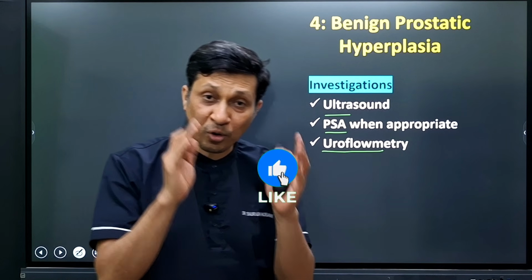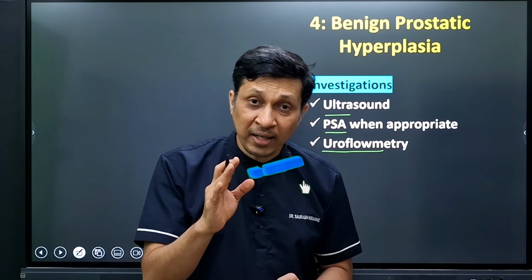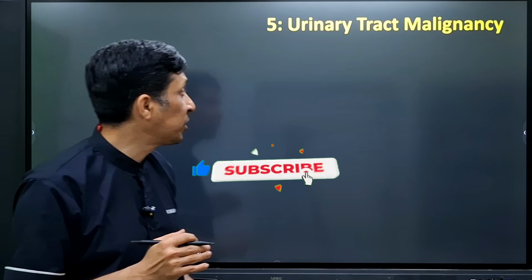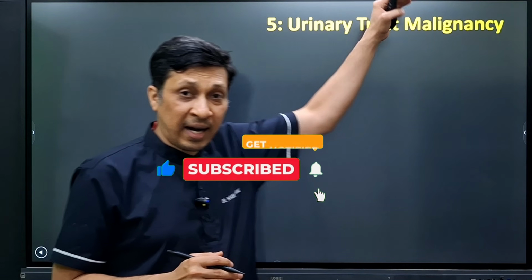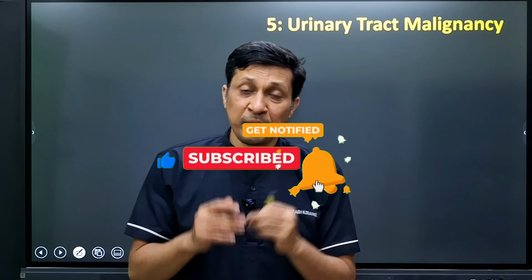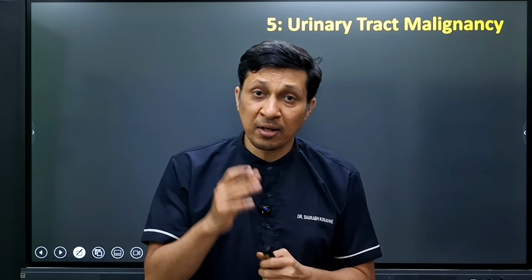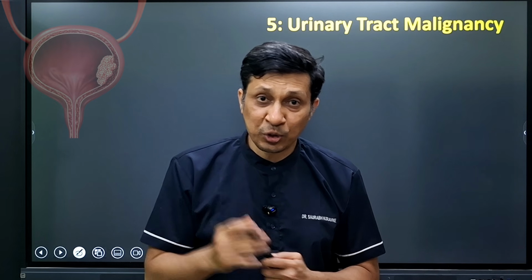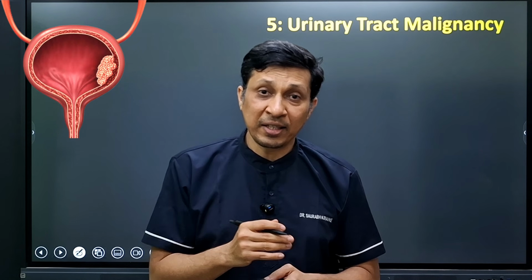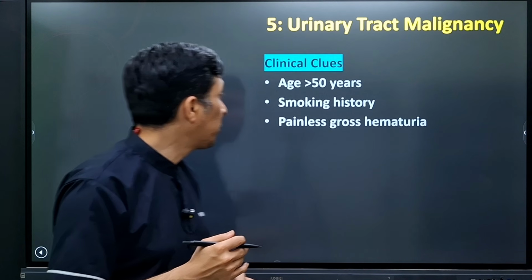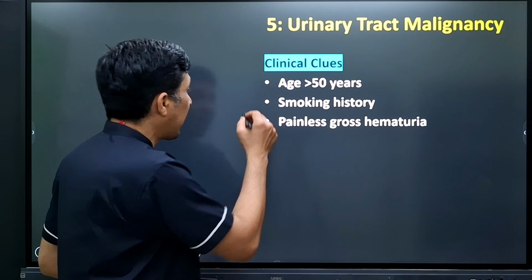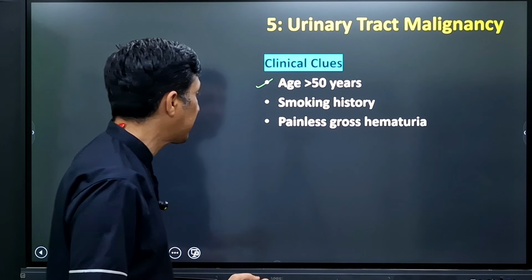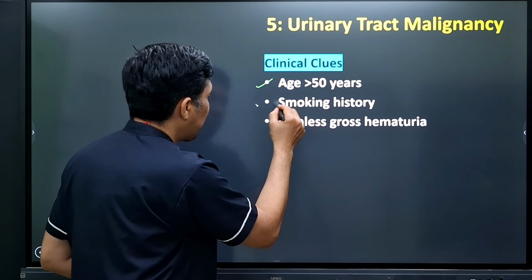So this was the fourth cause, and the final but most important cause of hematuria is urinary tract malignancy. The cause of hematuria here is obvious: the fragile malignant tissue breaks up and leads to hematuria. Now the clinical clues here are: the age is more than 50 years, then there is a history of smoking.